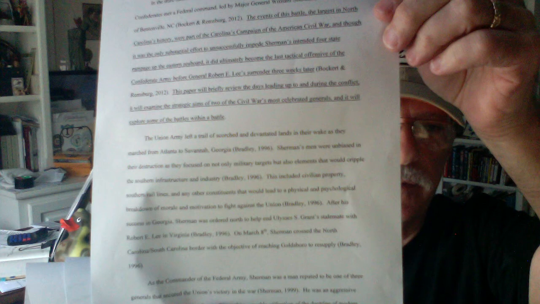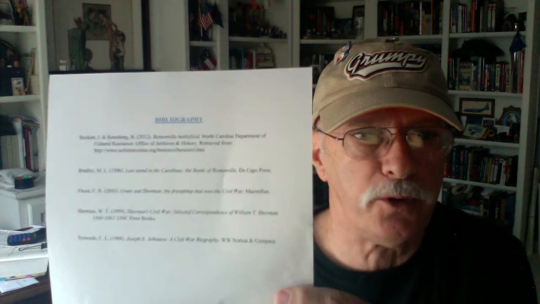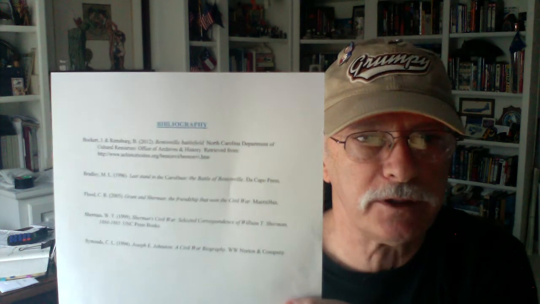Now, the first thing I do when I start reading that second paragraph and I see Bradley in there is that it automatically refers me to the bibliography, so immediately I go to the bibliography. Bibliography looks like this. Notice that it's got very large print, all caps, underlined, and centered.